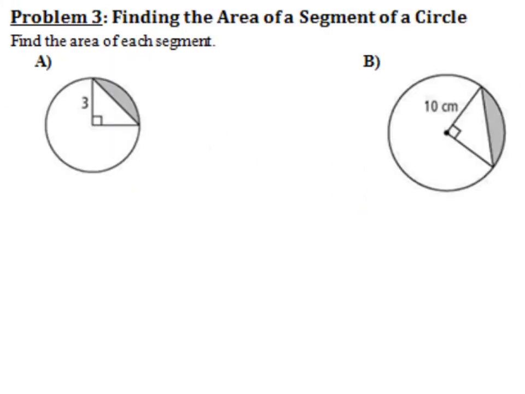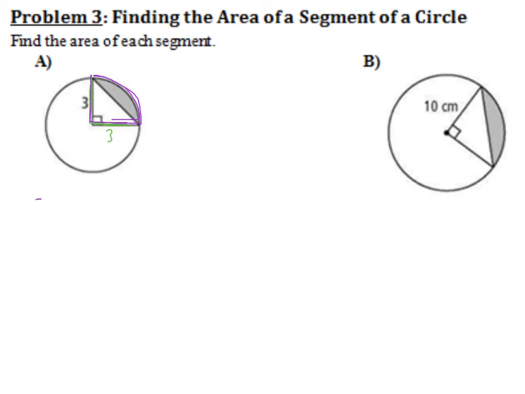For this problem, again, you want to find the area of the sector minus the area of the triangle. Whenever you have the radius, my radius is always the same wherever it is located on the picture. So this is also going to be 3. The first thing I'm going to do is find the area of my whole sector, this purple part.